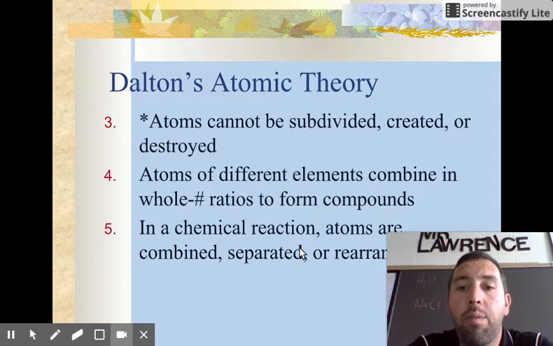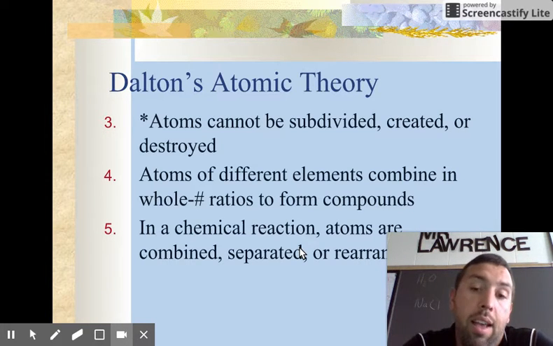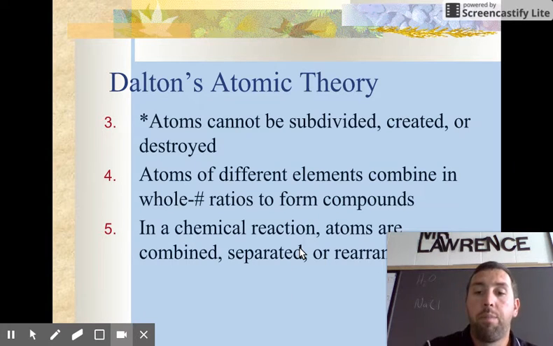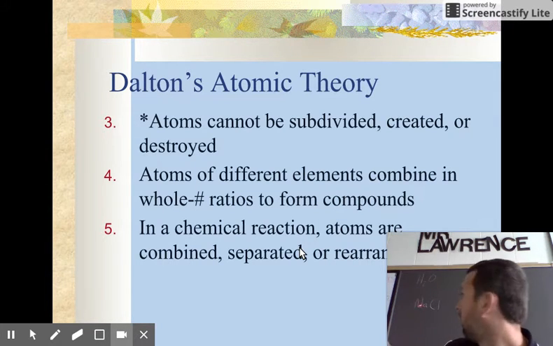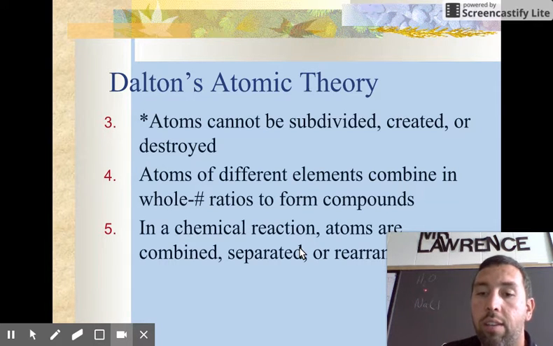Number 4, atoms of different elements can combine in whole number ratios to form compounds. And here we say, yes, this is true. Yes, sodium and chlorine do exist in a 1-to-1 whole number ratio. Yes, water, H2O: 2 hydrogen do combine with 1 oxygen.